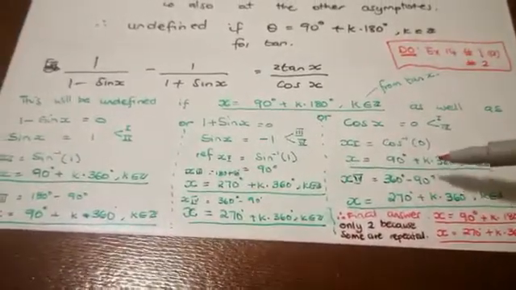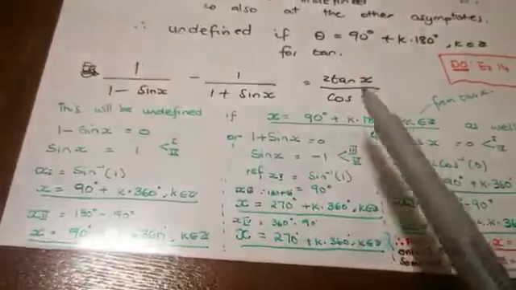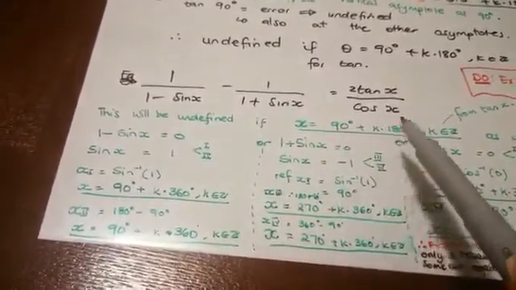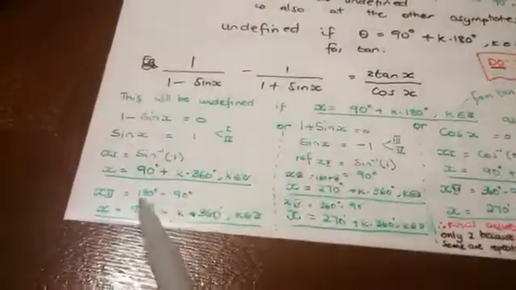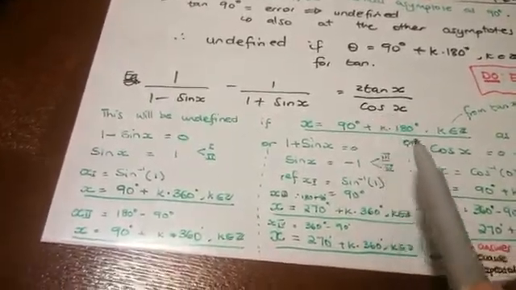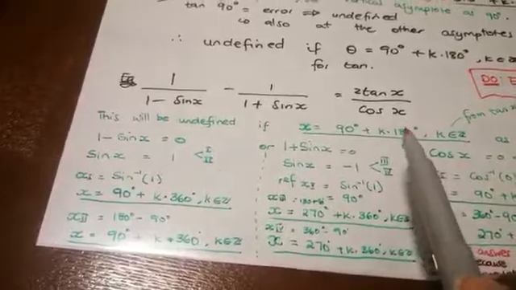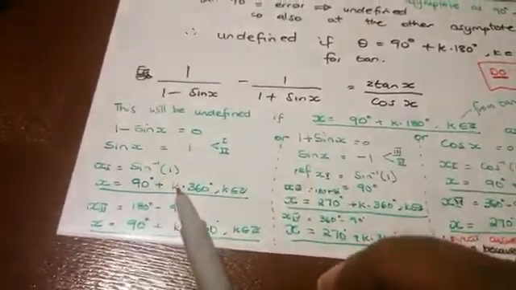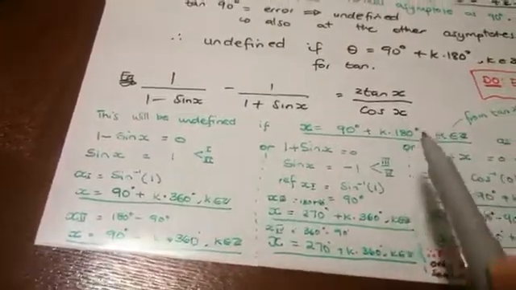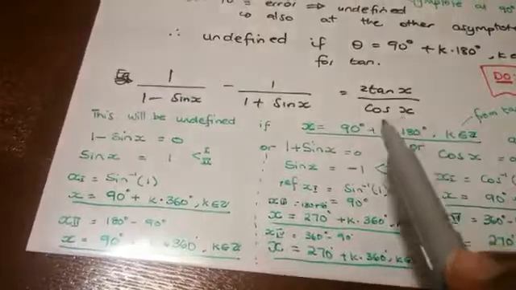Now again, this is one solution. I just want to explain why. If k here is equal to 2, it is going to be equal to 360, which is the same as when k is equal to 1 here. So 90 plus 360 is taken care of by this one when k is equal to 2. And 90 plus 720 will be taken care of when k is equal to 4 here.